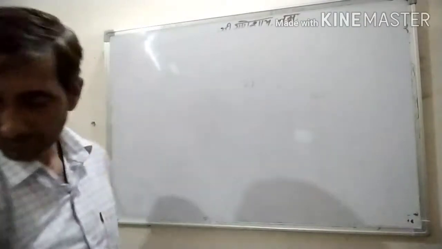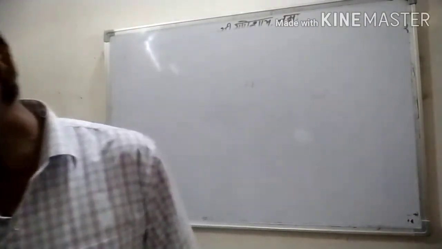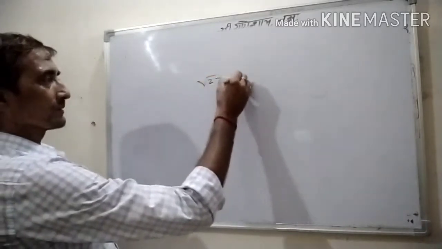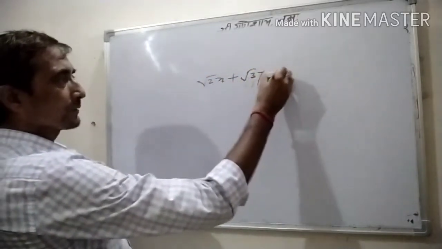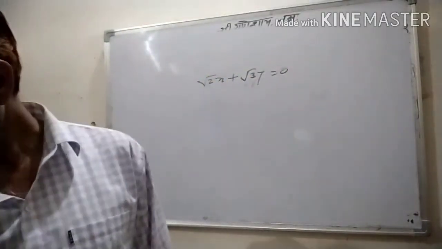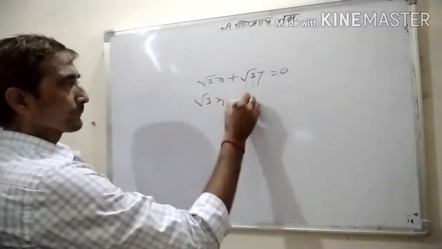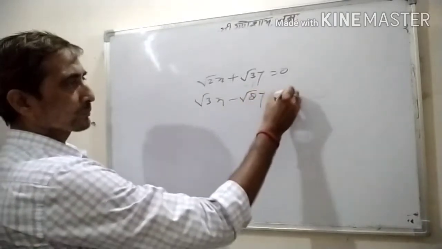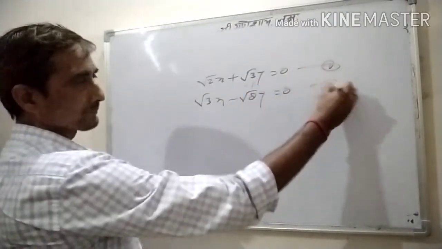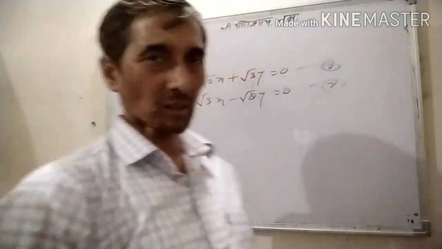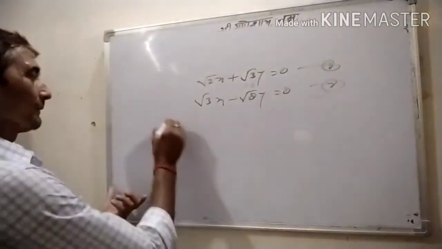Now question number 5: root 2 x plus root 3 y equal to 0, root 3 x minus root 8 y equal to 0. This is our second question from first.